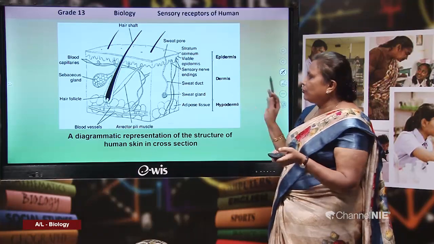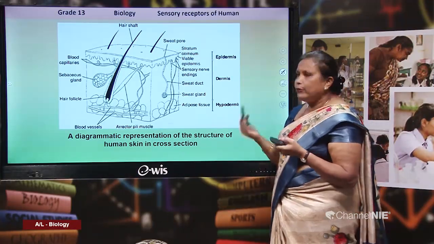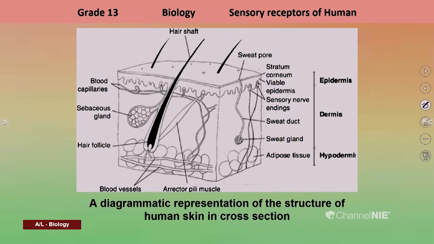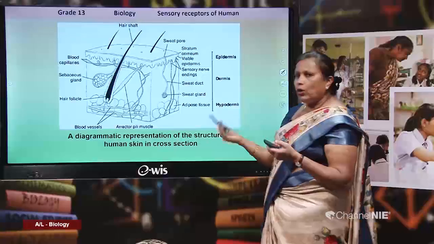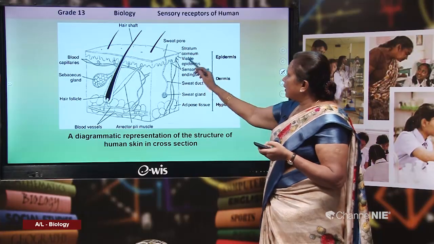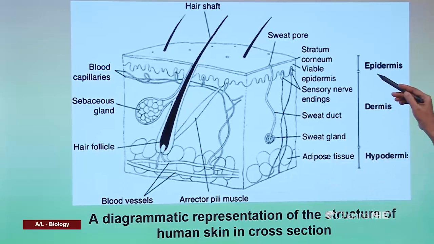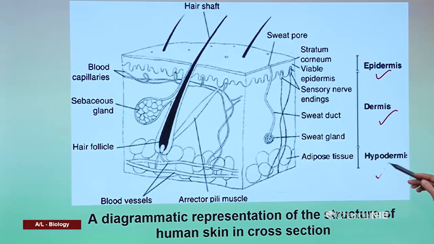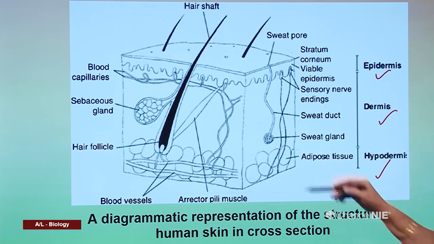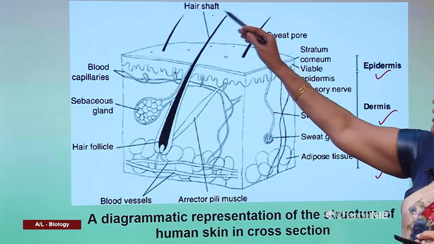Then this is how you need to draw the diagram. You need to know how to draw this part of the human skin. You can draw it as a 3D view or 2D view, it doesn't matter, but the major parts have to be marked. These are the hypodermis or the subcutaneous layer. Then you can see the hair shaft.